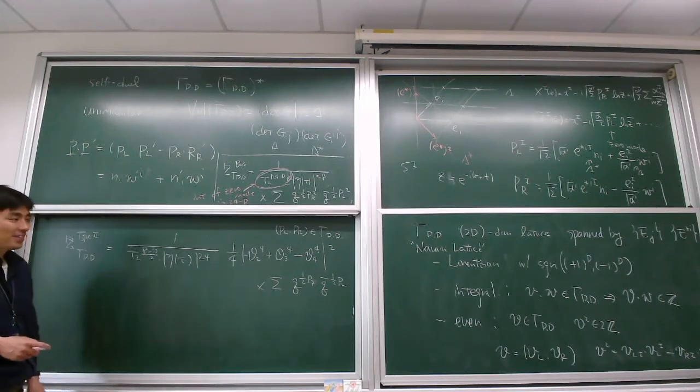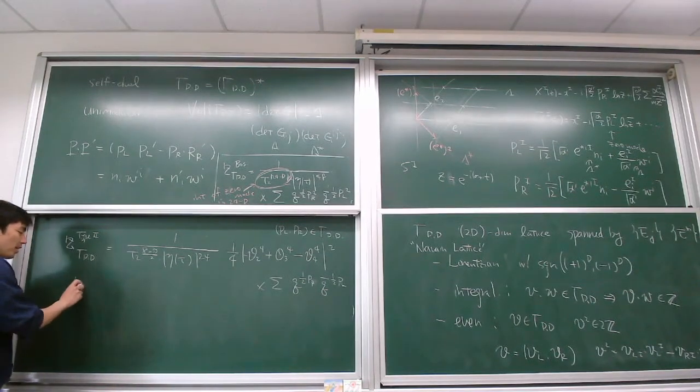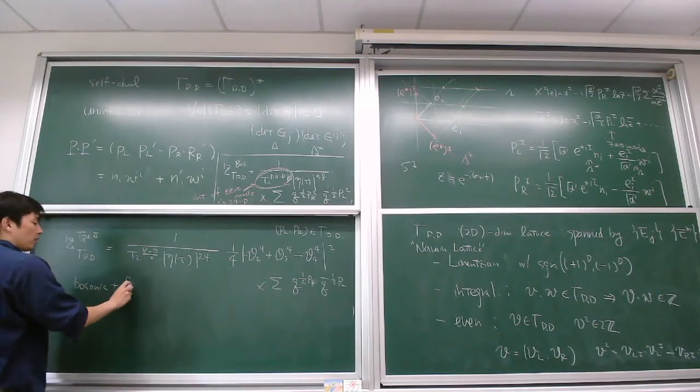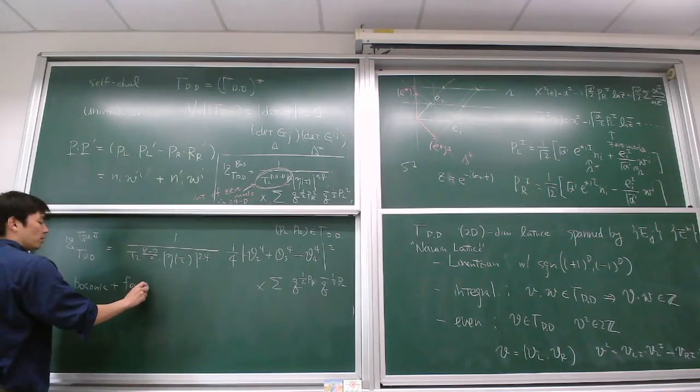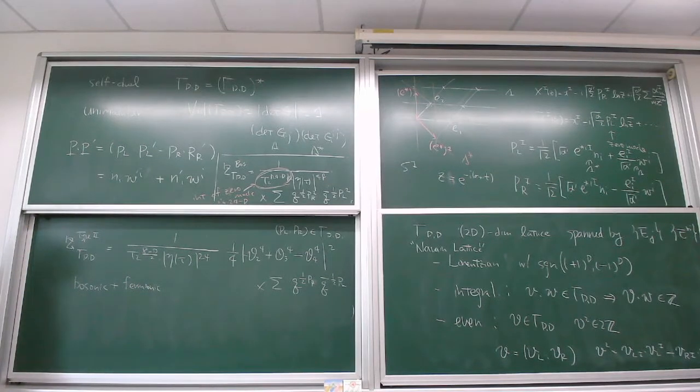So the superstring is bosonic plus fermionic. Okay. And then you have left moving and right moving.